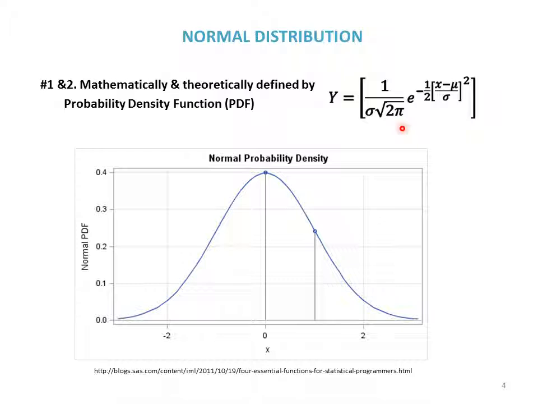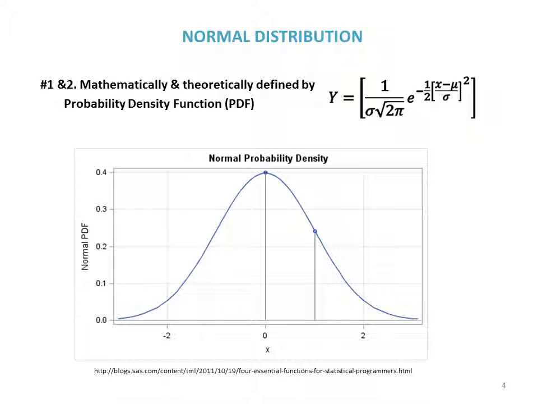When we say a normal distribution is mathematically and theoretically defined, we mean the probability density function defines a normal distribution by relating each score distributed along the x-axis with each frequency distributed along the y-axis.